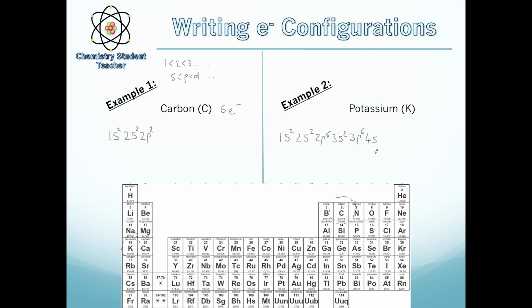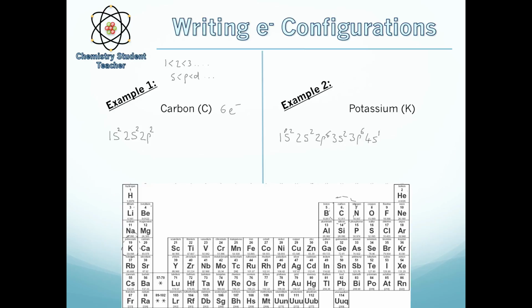Remember, we fill up the 4s before the 3d, and as you remember from my previous video, these are the s block outer ones, and we haven't actually filled any of the d electrons yet. So potassium has 1 electron in the 4s, so we just put superscript 1. And it's as simple as that.